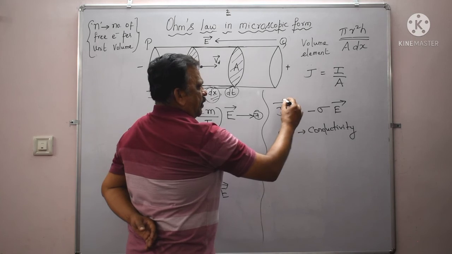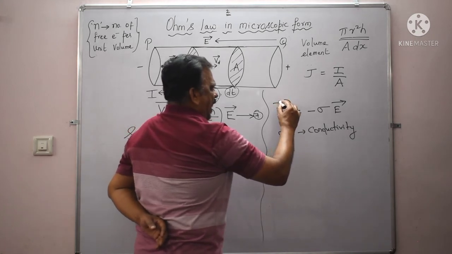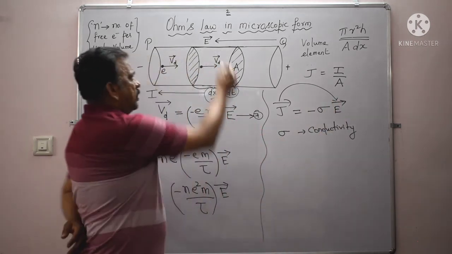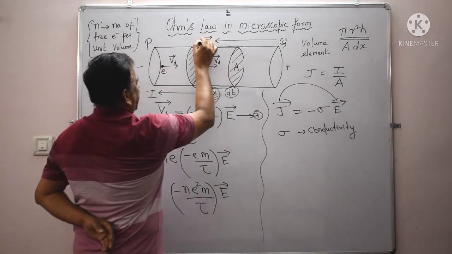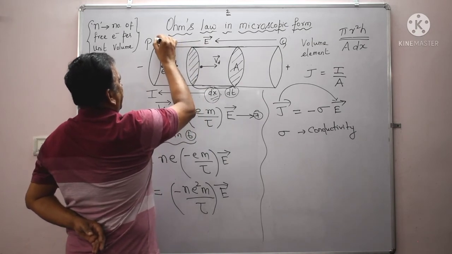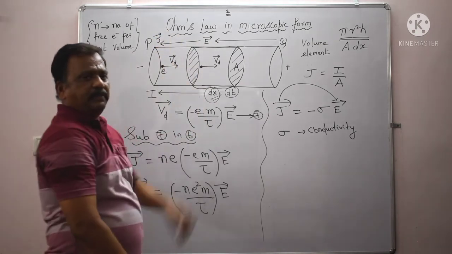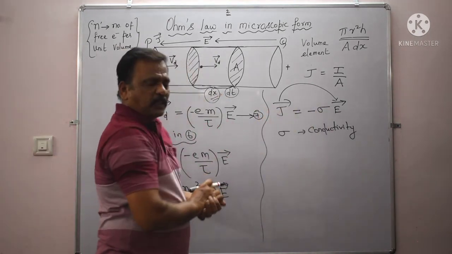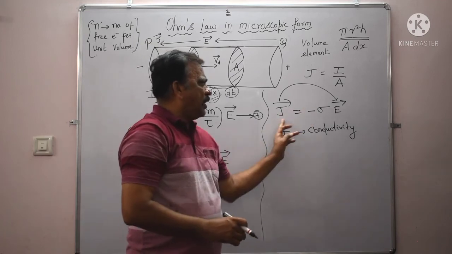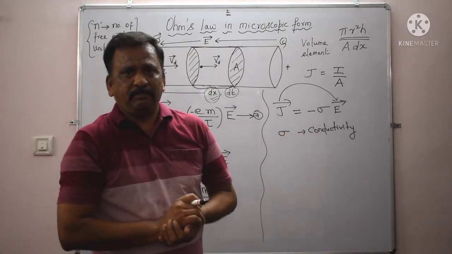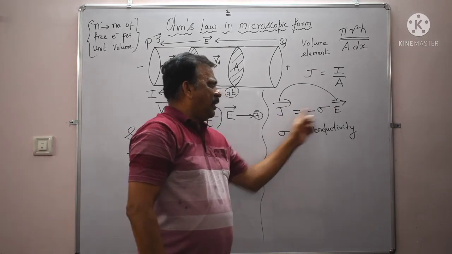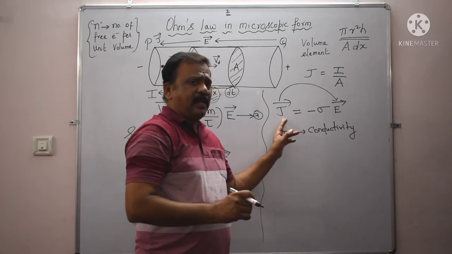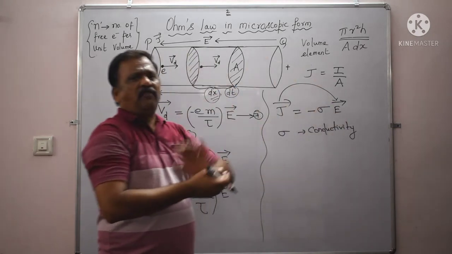Now generally, by convention, we take the current density direction along the direction of the electric field. So this is the direction of the electric field, and we take the same direction as the direction of current density. Whenever you write an expression in vector form and get a negative sign, it means the two vector quantities involved are opposite to each other. So as per this expression, J vector and E vector would act in opposite directions. But current density will always act along the direction of the electric field.